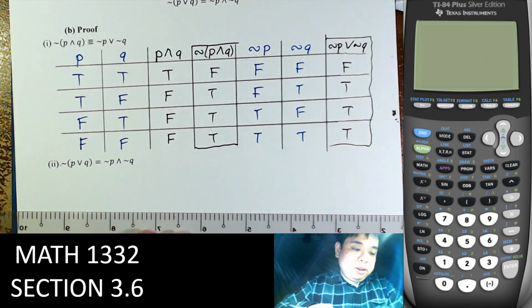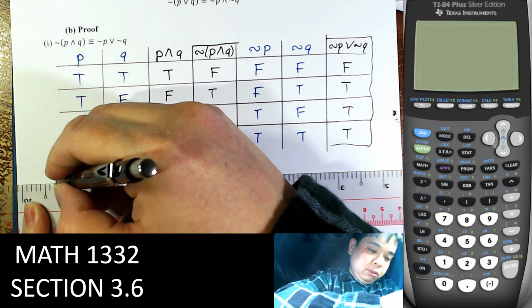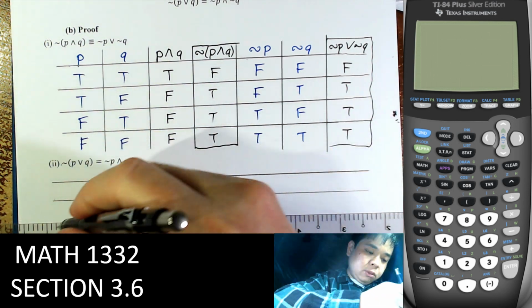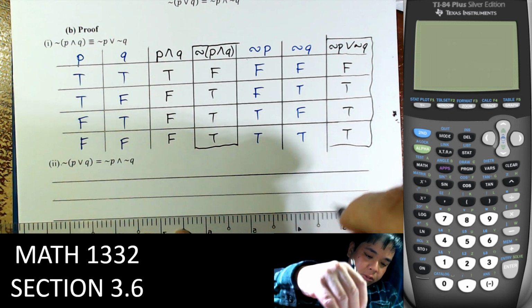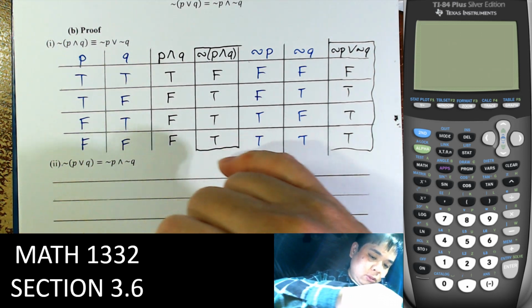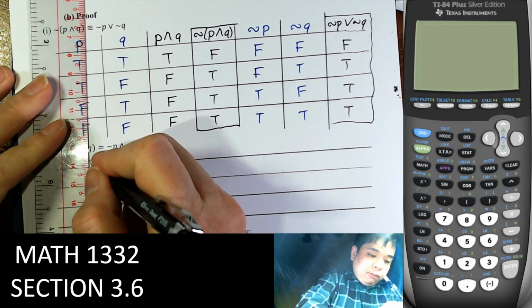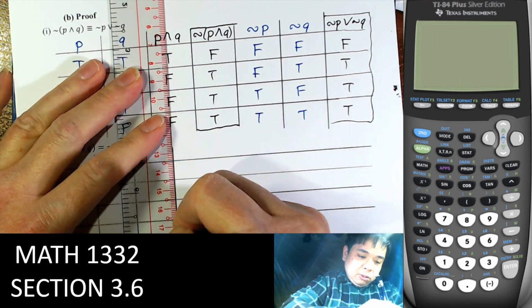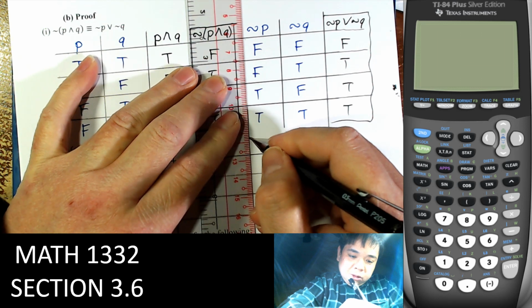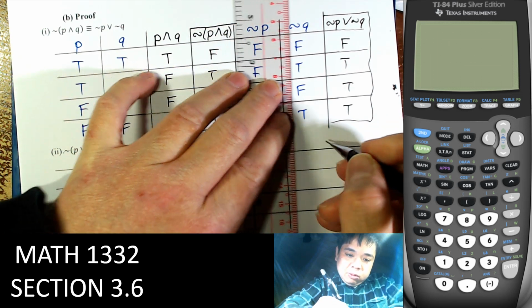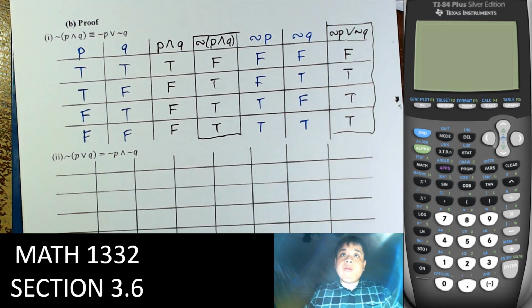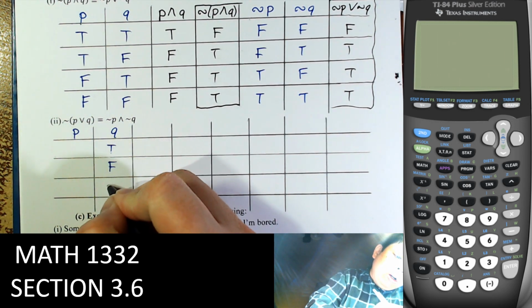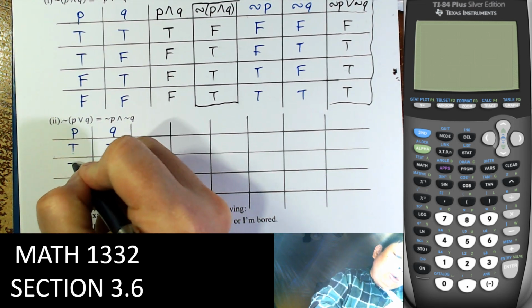Right, I'll do the same thing for the next part of De Morgan's law. P, Q: true, false, true, false, true, false.